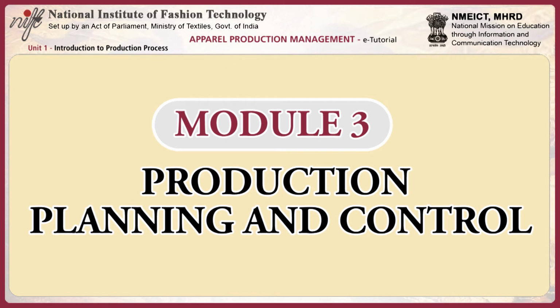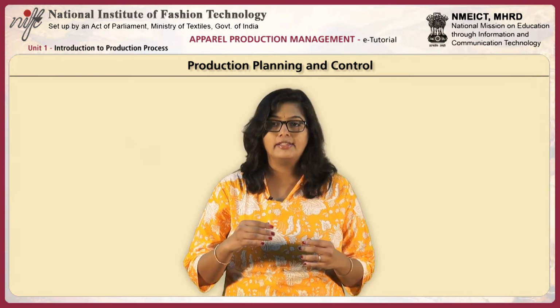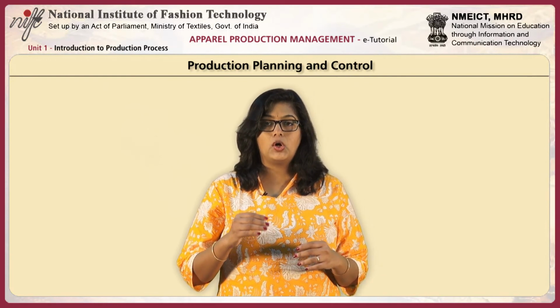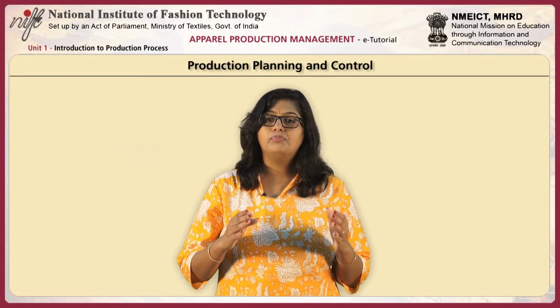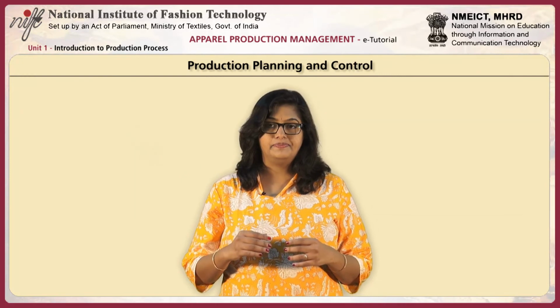Now, let us move on to the next module, that is production planning and control. Production control's function is to produce products with minimum total costs in the required planned delivery time frame.